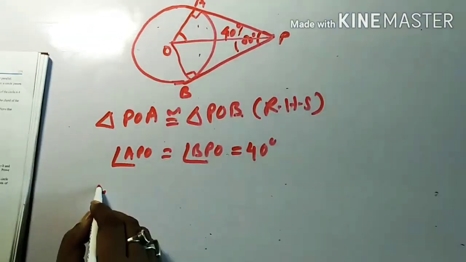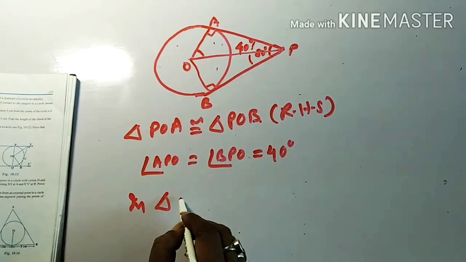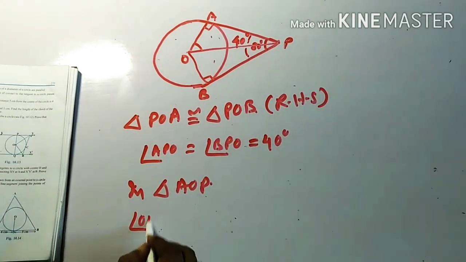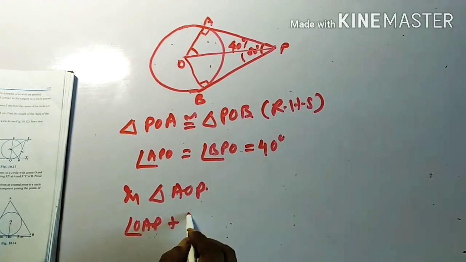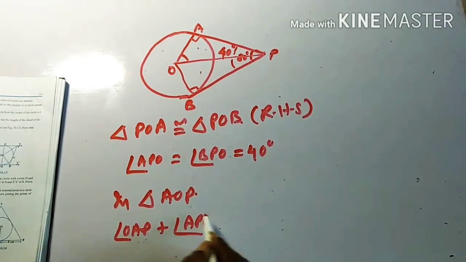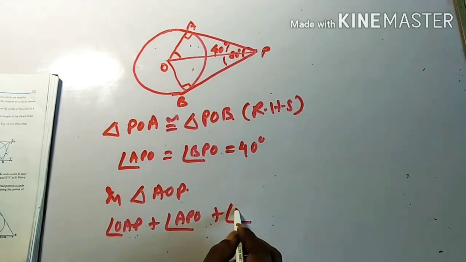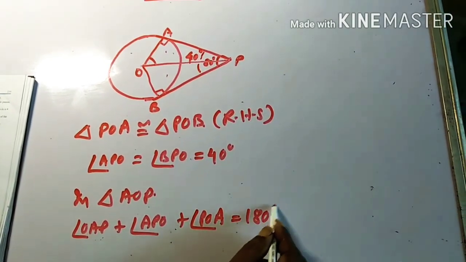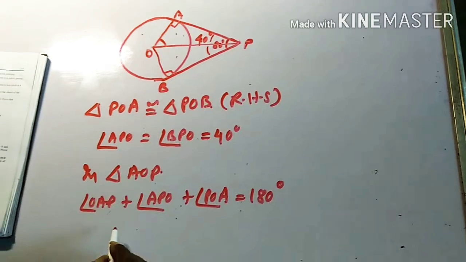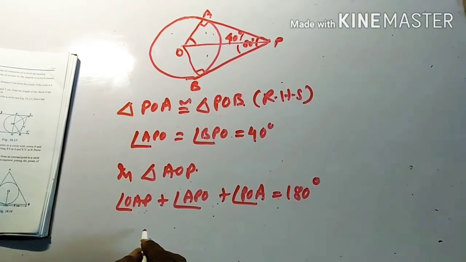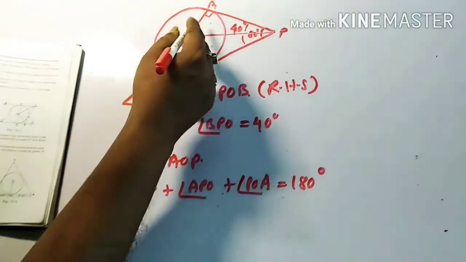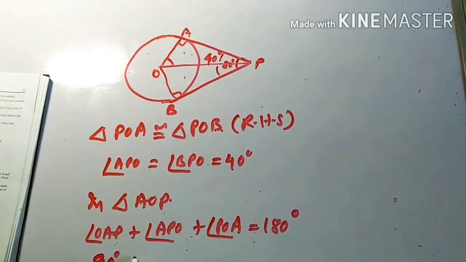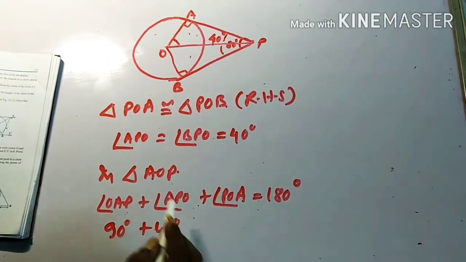Now, in triangle AOP, angle OAP plus angle APO plus angle POA is equal to 180 degree. So OAP, this is 90 degree. APO, this is 40 degree.